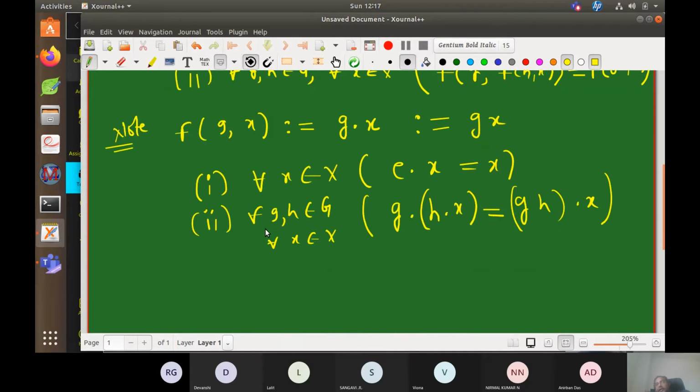The notation is g dot x or simply gx. So e dot x equals x for every x.